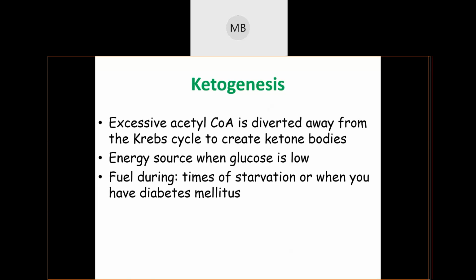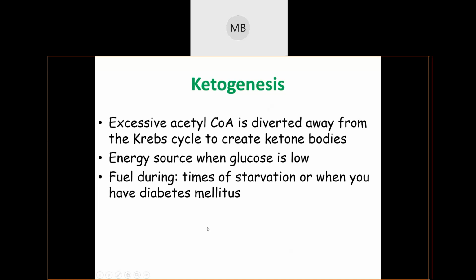And your body starts creating ketones when your body senses that glucose is low. So when your body thinks glucose levels are low, you will start to create ketones. Ketone bodies end up trying to be fuel during times of starvation, or if you have diabetes mellitus. Right?